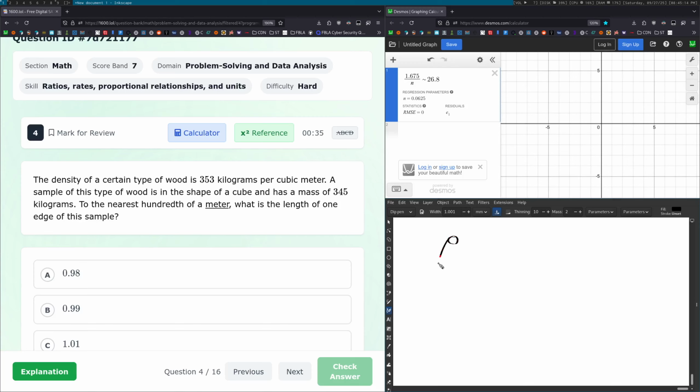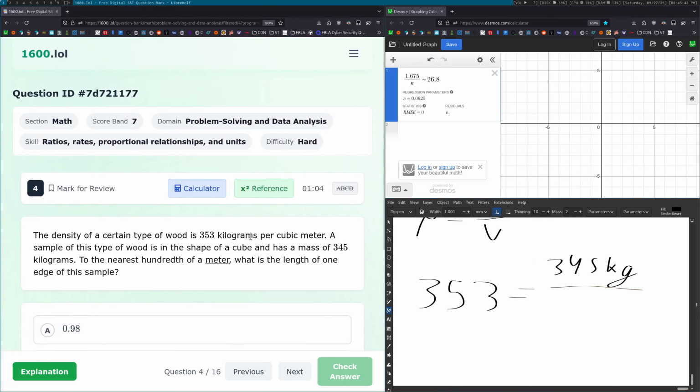So density is P, and that's equal to mass over volume. So mass of 345. Okay. So if we know that the density is 353 and the mass is 345 kilograms divided by volume.